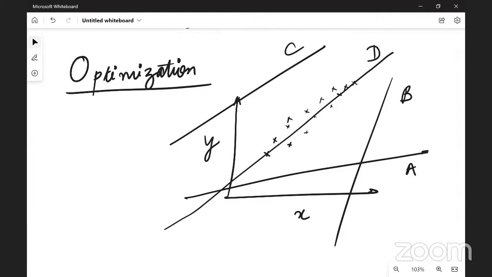So the loss function tells us how far or how accurate our model is in making predictions. If the loss function gives you a high value, that means it is making a lot of mistakes. If it gives you a smaller value, that means it's making a small number of mistakes. So this can guide us to come to a very good model.